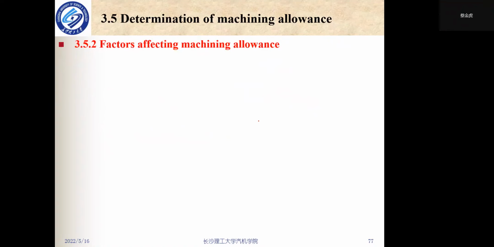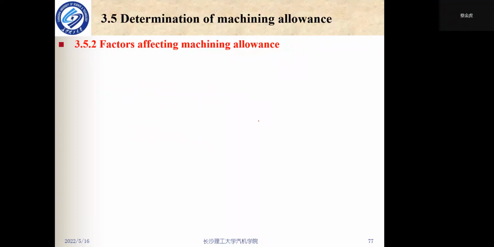So we have covered machining allowance, and the next question is, what are the factors affecting machining allowance? In engineering, generally under the premise of guaranteeing the machining quality, the machining allowance should be as small as possible, for manufacturing considerations.